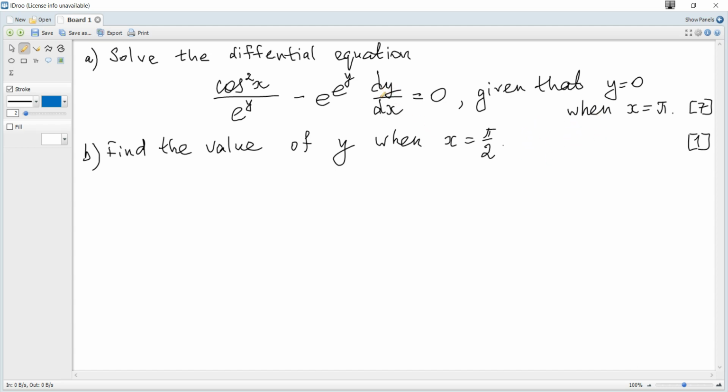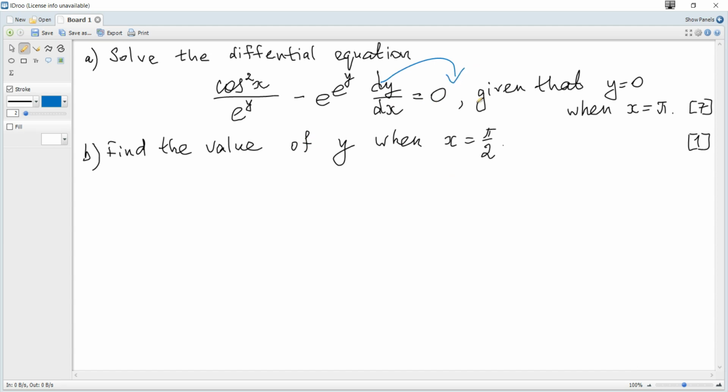But here definitely dy over dx is not a function of y over x. And if the equation is of the form given in a data booklet, it can be solved by integrating factor, but definitely it's not of that form. So let's try to separate variables.